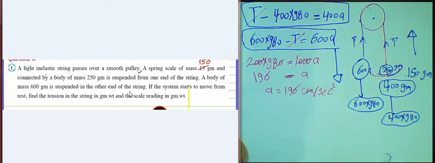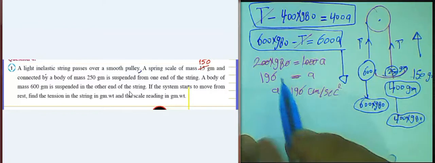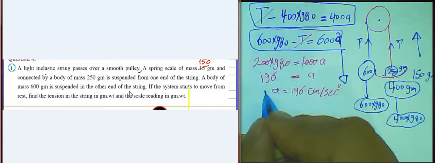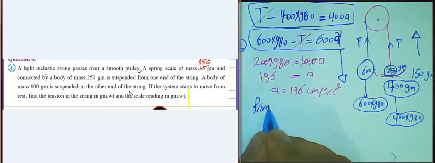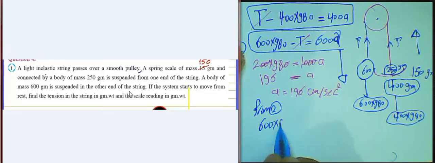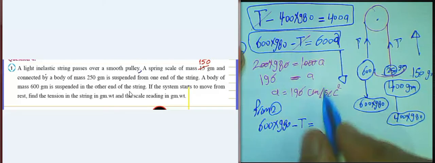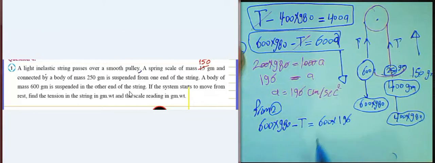If you want to find the tension, then we can write in this equation to find the tension. From relation number 2, we can write here 600 multiply 980 subtract T equals 600 multiply acceleration 196.